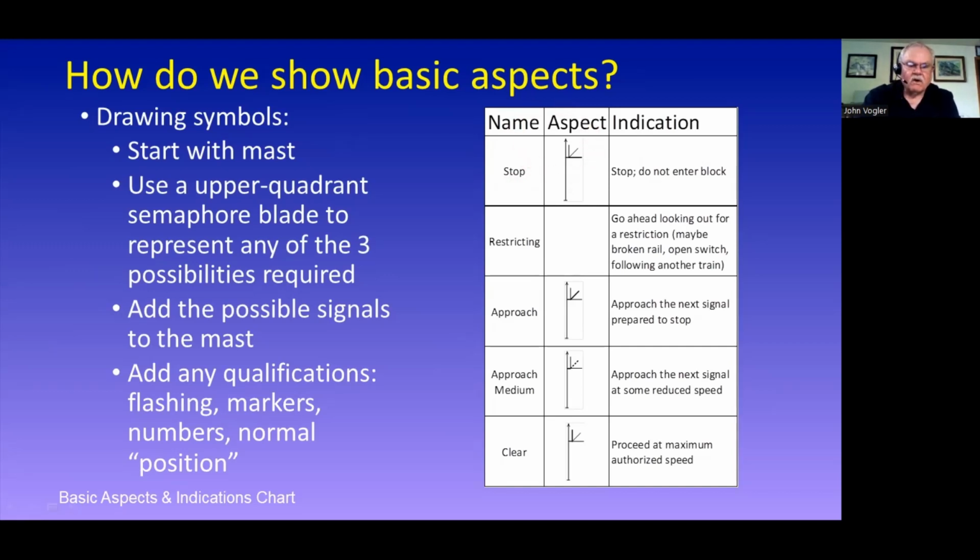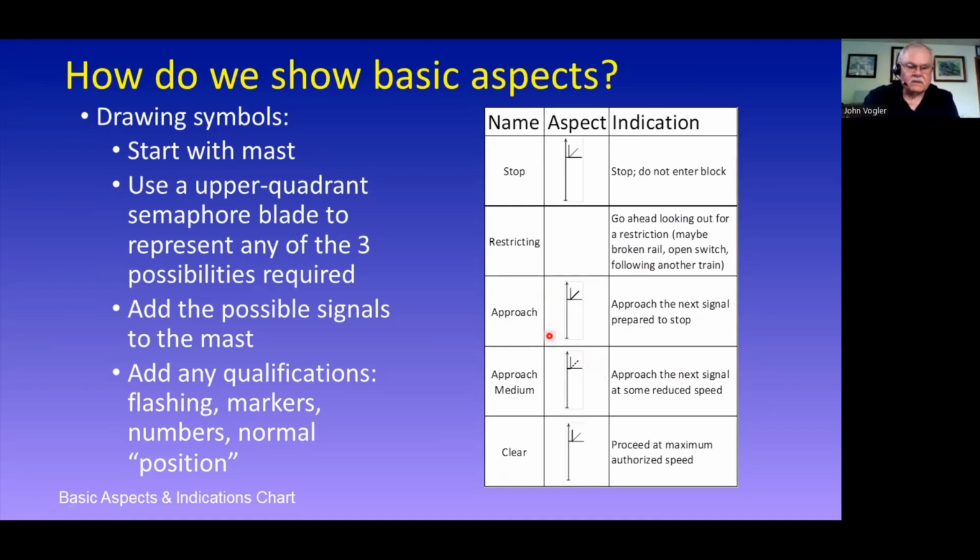So the indication of stop is shown by the darker blade position on the head there. I'm skipping the restricting for now. We'll go back to that one in a little while. And for the approach, we do a similar thing. We show the blade in the 45 position. That could also correspond to a yellow light.